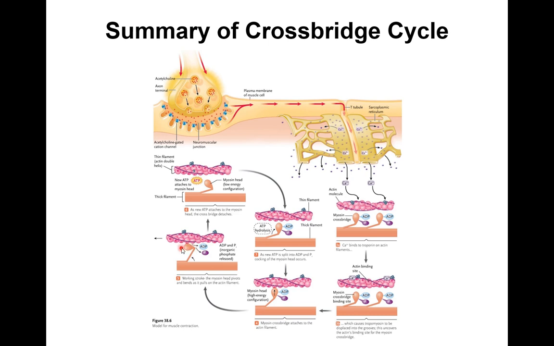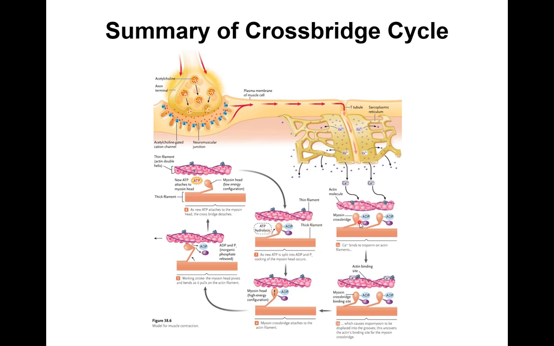So the myosin head bends, and by doing that, you achieve the movement of the thick filament compared to the thin filament. Once this bending has taken place, the energy has been released. The myosin head releases the active site, binds to another ATP molecule, hydrolyzes it, and goes back again to the high potential energy state here.